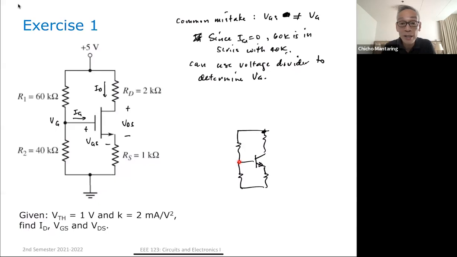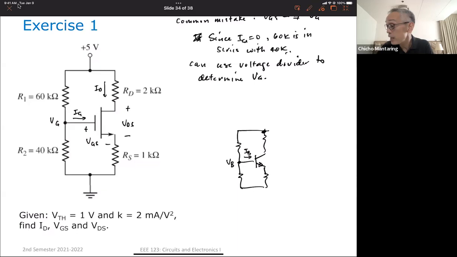And the obvious answer is you cannot use voltage divider here in a BJT because this current, IB, is not equal to 0. If IB is not equal to 0, then these two are not in series. And therefore, hindi mo pwedeng gamitan ng voltage divider to determine V sub B. A number of students asked me that question. Why was their answer wrong? And this is their solution. Ginamitan nila ng voltage divider dito.